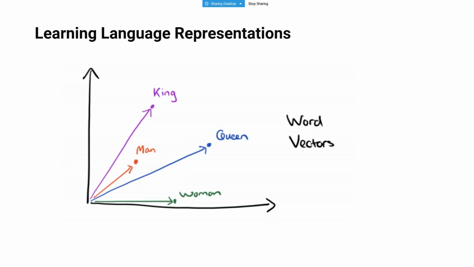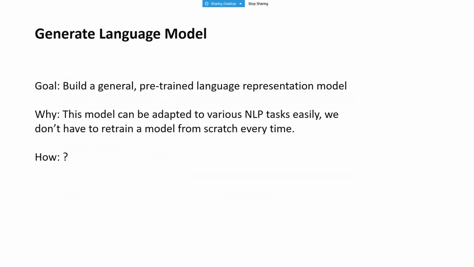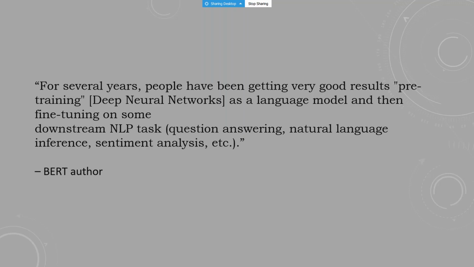Another thing is the contextual and non-contextual thing. So the goal is to build a general or pre-trained language representation model, and this model can be adapted to various NLP tasks easily. We don't have to retrain a model from scratch. That's the primary purpose of BERT, because we have a pre-trained model.